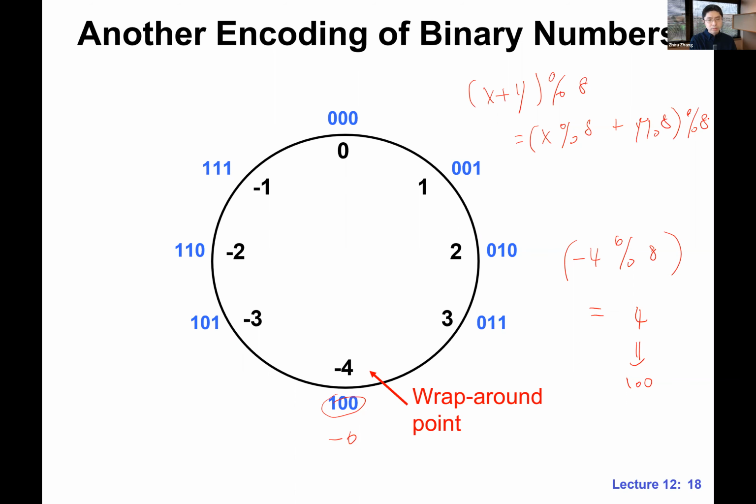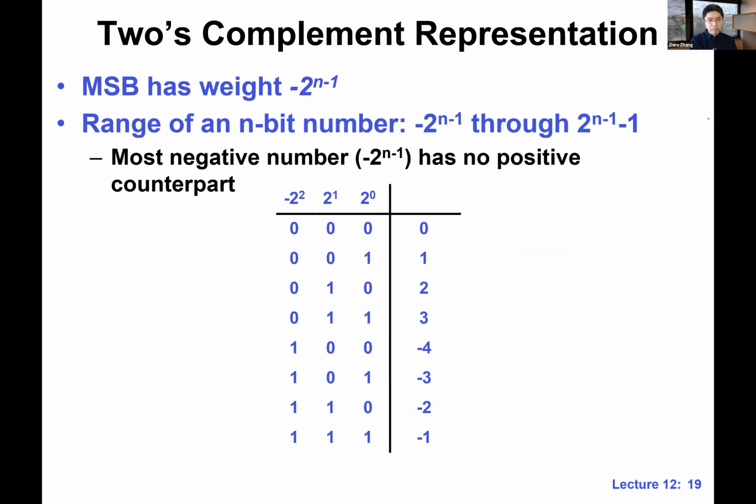If this is still not too clear to you, let me try to explain it in another way. The encoding can be interpreted this way. When we look at the MSB, we assign a negative weight to the highest bit.